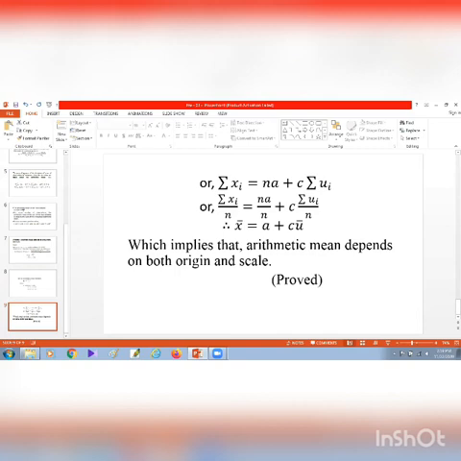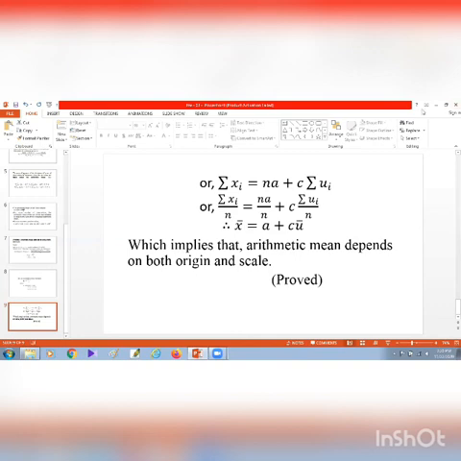Finally, we get the equation x bar equal to a plus c u bar. From this equation, we see that x bar and u bar are only the means of the variables x and u respectively. Rest, a and c are the origin and scale. So it indicates that the arithmetic mean depends on both origin and scale.